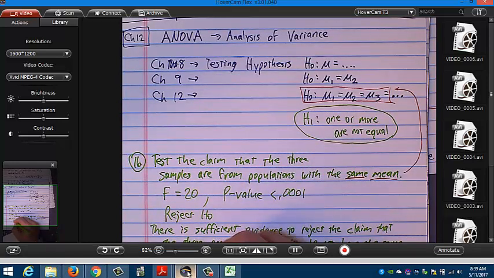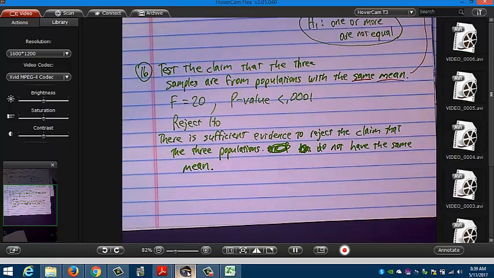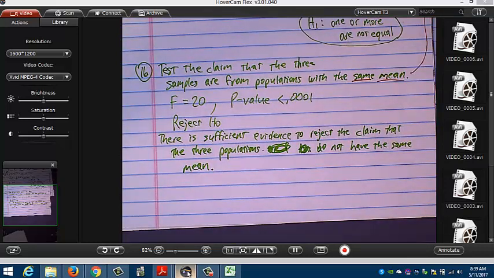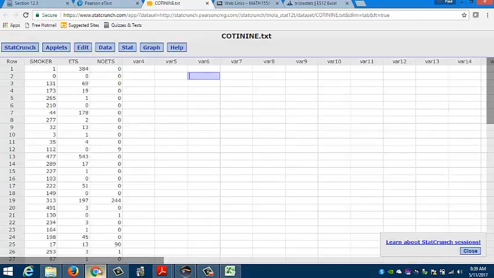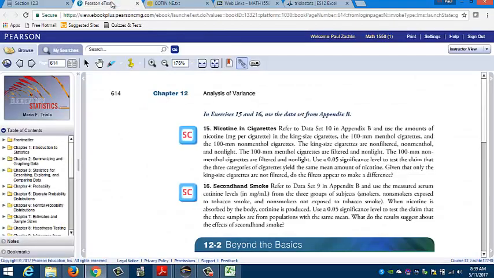Now, I think that the other question they ask is a little bit trickier to answer. Oh, I'm sorry, you can't see the final conclusion. There it is. The last question says, what do the results suggest about the effects of secondhand smoke?